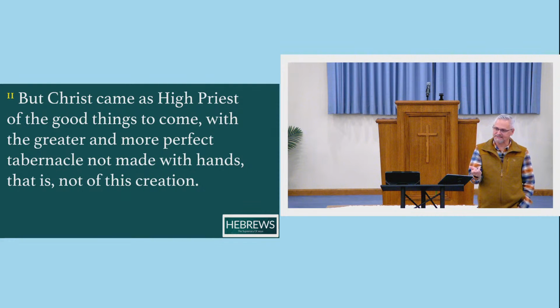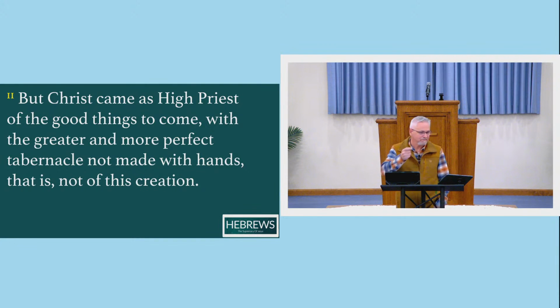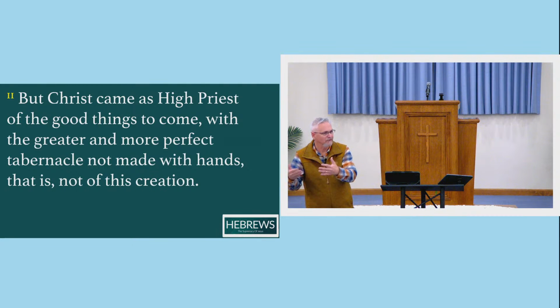And what Christ has done as high priest, he says, good things to come, the writer does, with a greater and more perfect tabernacle. Not one made with hands. Not one that's got to be built over and over and over again. And as we're going to see at the end of the chapter, not with a sacrifice that has to be made over and over again.